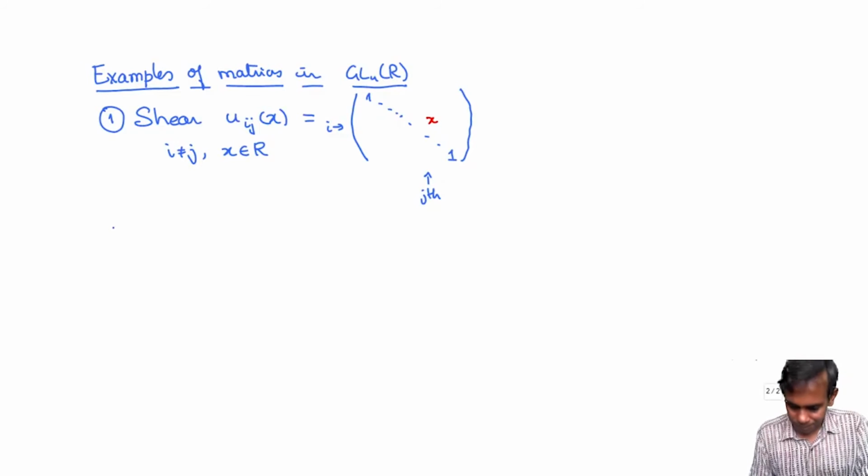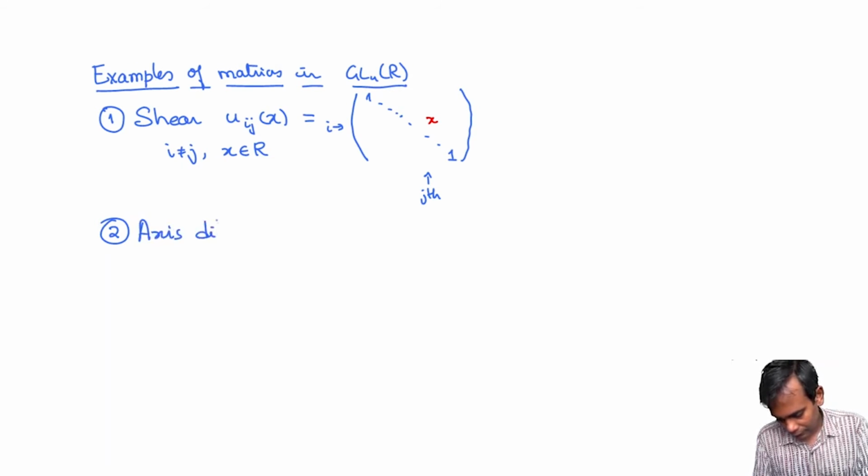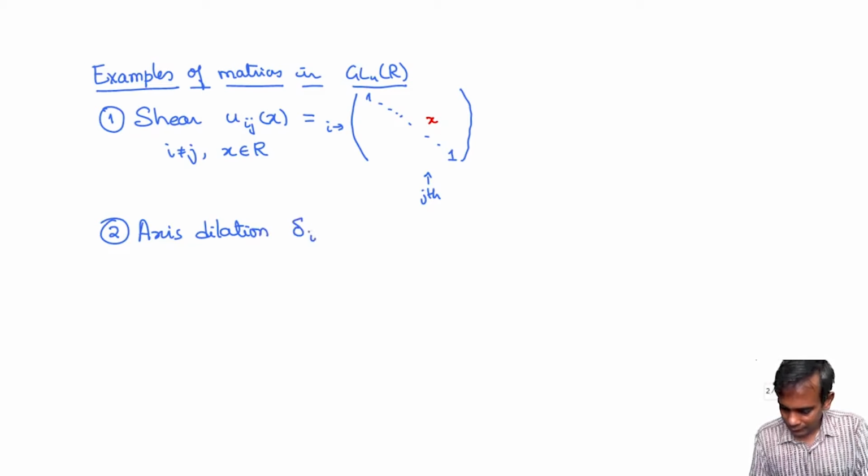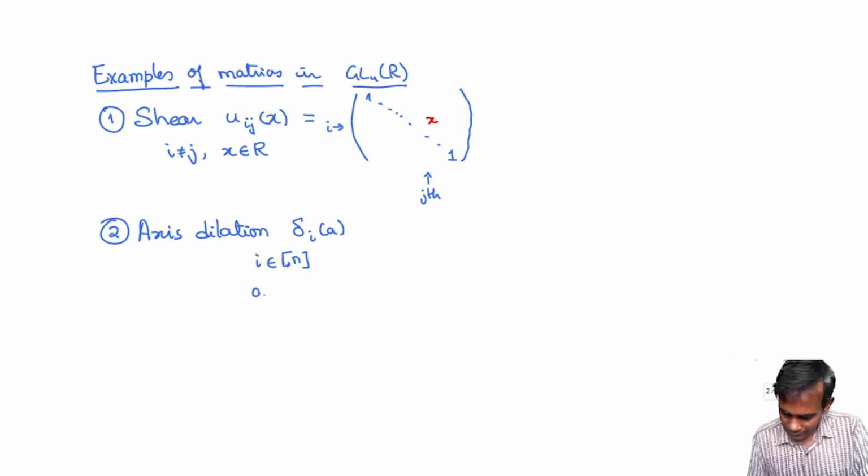And the second kind of element I want to introduce is what I'll call an axis dilation. This is the element delta_i(a). Here i is one of 1 to n, and a is any element of R that is a unit.